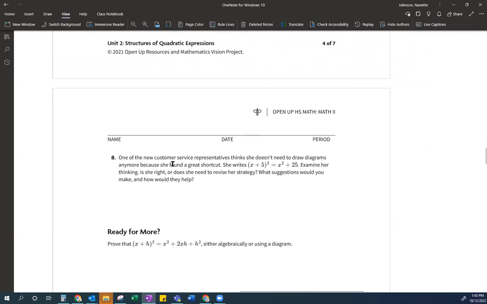But one more. A new customer representative thinks that she doesn't need to draw the diagrams anymore because she found a shortcut. She writes x plus 5 squared is the same as x squared plus 25. Do you think she's right?